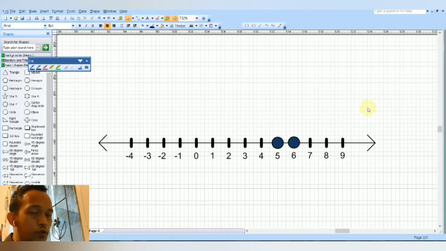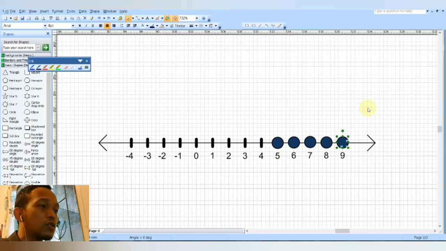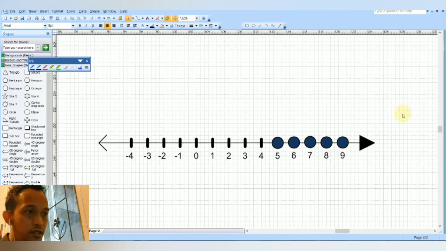Do we have other solutions? Yes, we have 7, so put another closed circle. 8, yes. 9, yes. It continuously goes right. So instead of using a closed circle continuously until infinite positive, let's just thicken the arrowhead to the right. See?